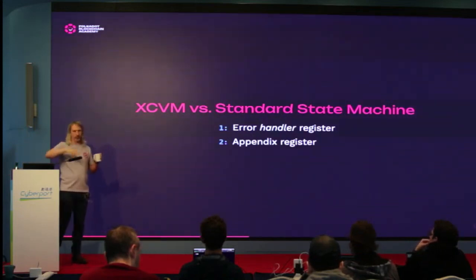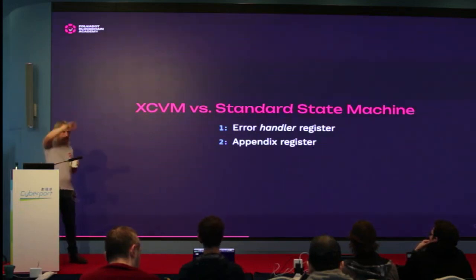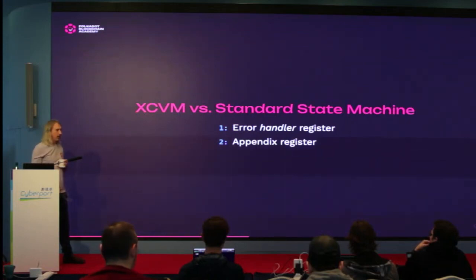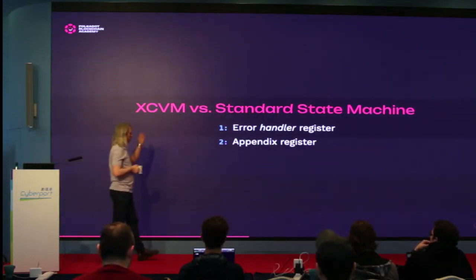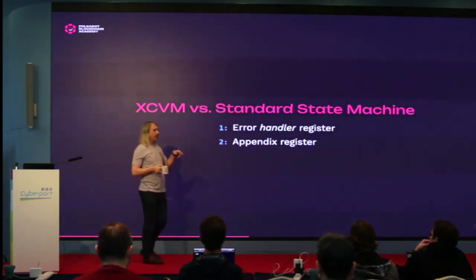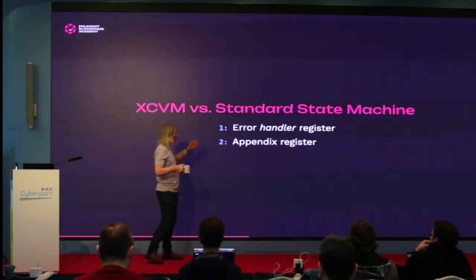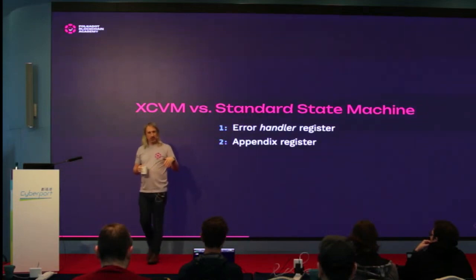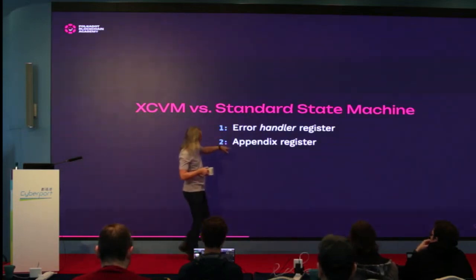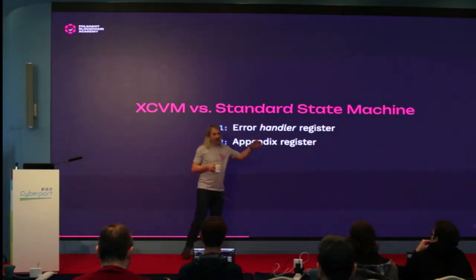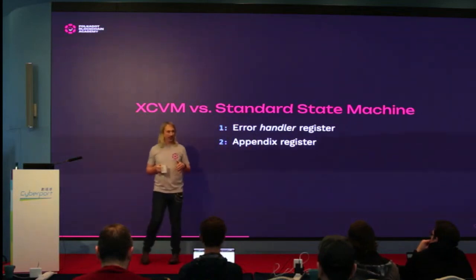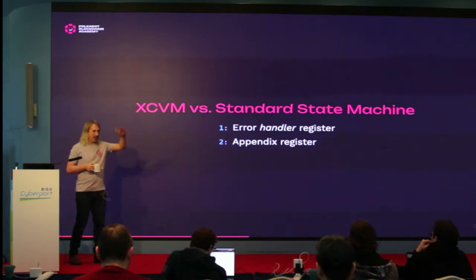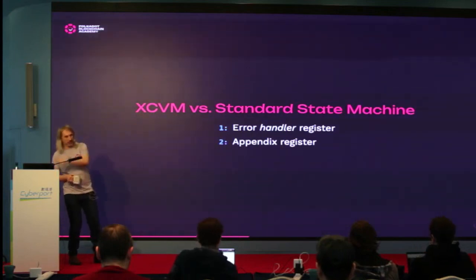They take one parameter, which is the code, the program that you want to be in the register. And interestingly, you can't nest them exactly. I mean, you can nest them, but there's only ever one appendix register and one error handler register. But the code in the appendix can also include a set appendix instruction, right? There's no problem with that. So you can, in theory, just create appendices with appendices with appendices.